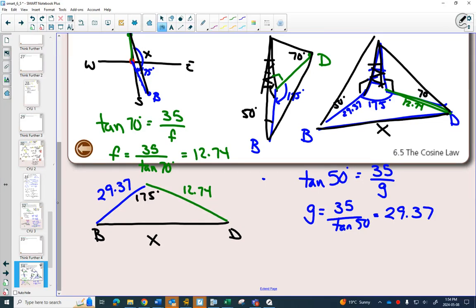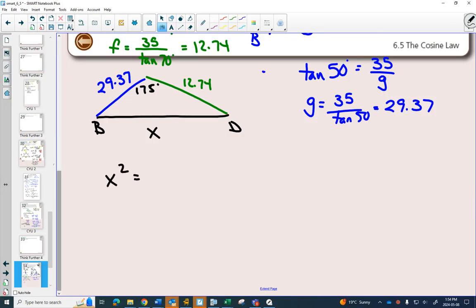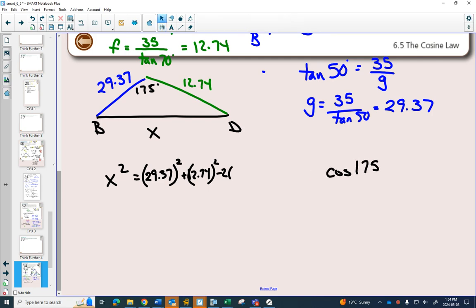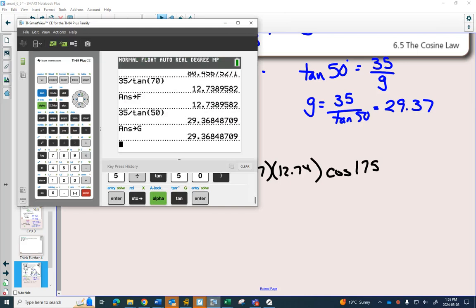So when setting up my cos law, the x squared would be on this side and the cos of 175 would be on this side. And then you would get 29.37 squared plus 12.74 squared minus 2 times 29.37 and 12.74. And this is where I'm going to be super happy that I stored everything into my calculator.